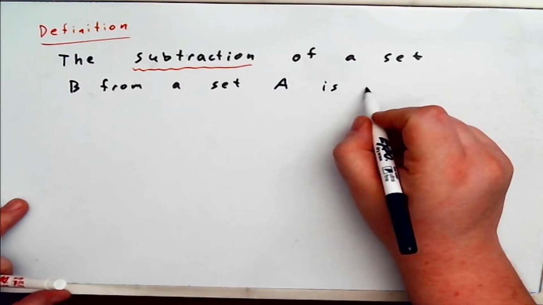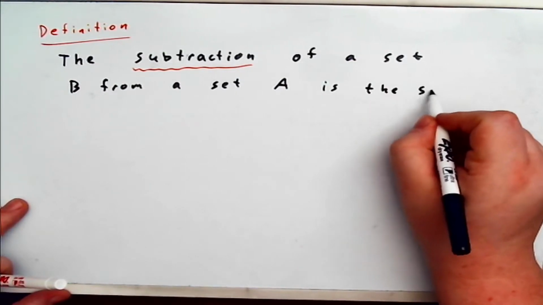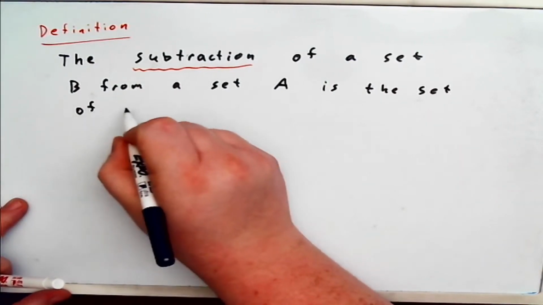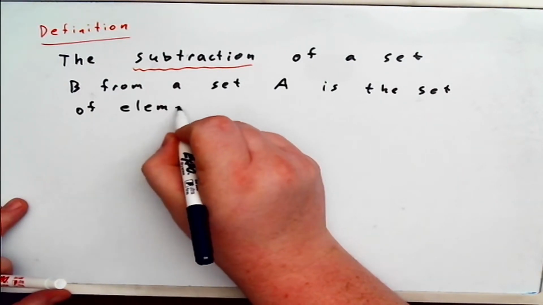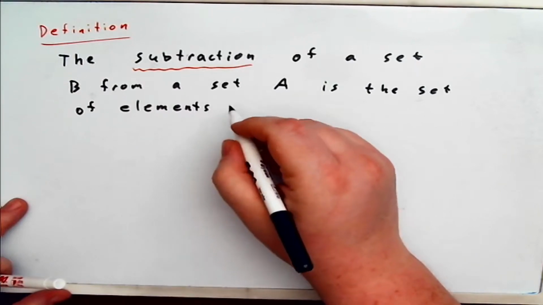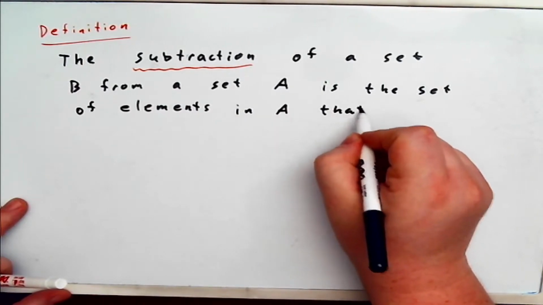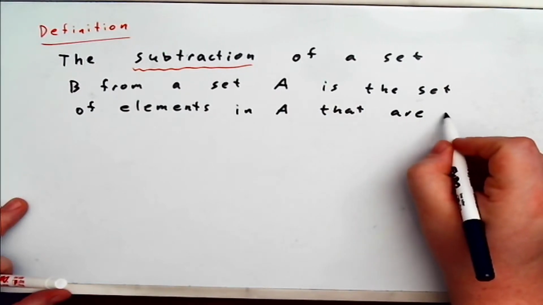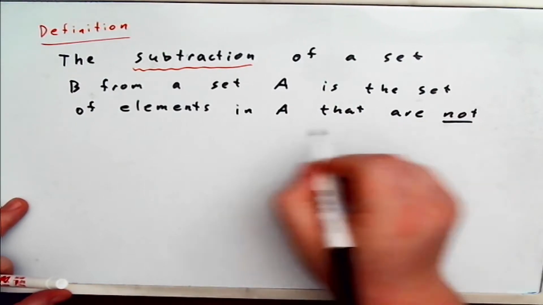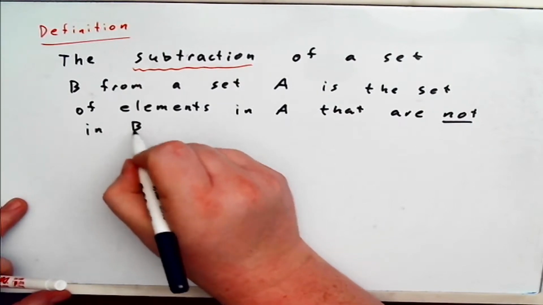Is the set of elements in A that are not in B. Okay?